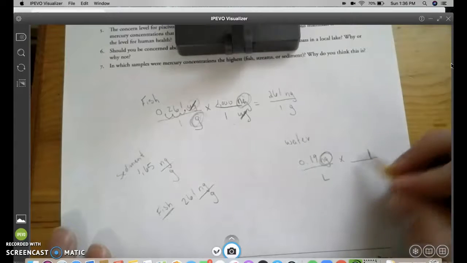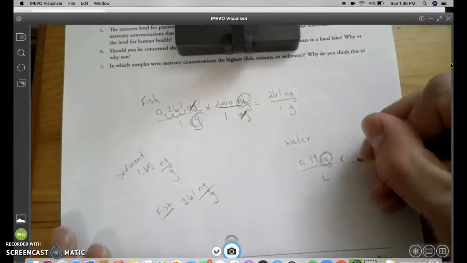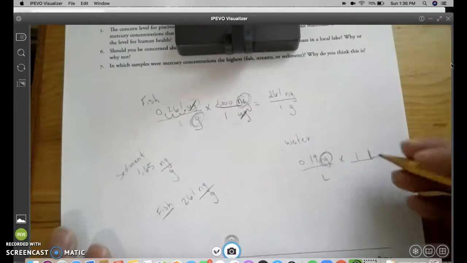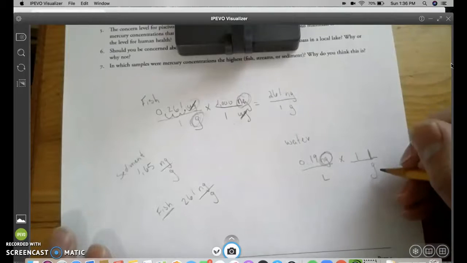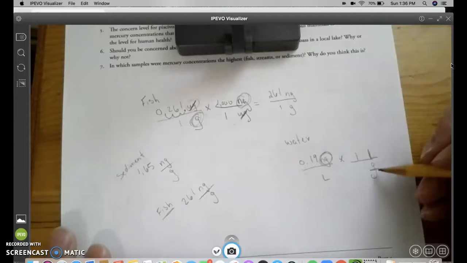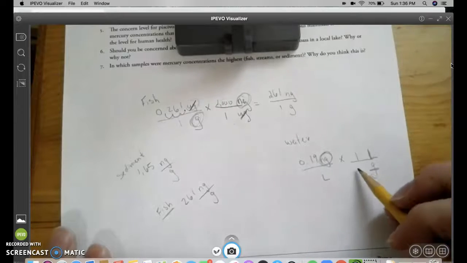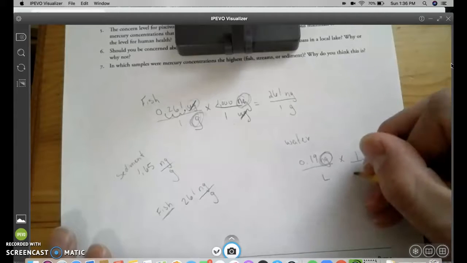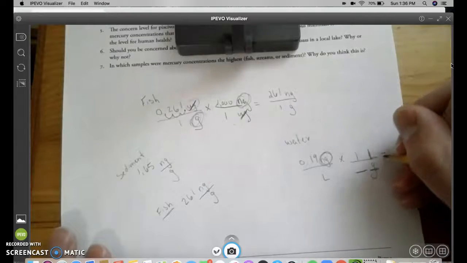So now that I have my liters here, right, then I'm going to have 1 liter, and I'm going to have the amount of grams on the bottom, because this is what I'm trying to get to, right? I'm trying to get nanograms over grams. So you put your grams on the bottom. So what you have to figure out is how many grams are in 1 liter, right? You're going to put that here, and then you're going to solve again.